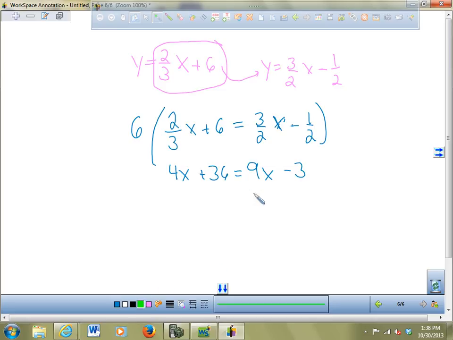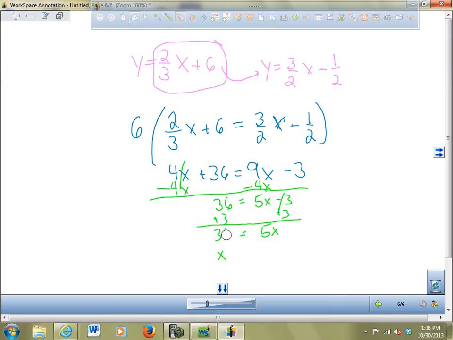Still, it's going to end up with some fractions, but it works. You subtract 4x from both sides. This is a lot of math, isn't it? I get 5x minus 3 equals 36, because that goes away. Add 3 to both sides and I get 5x equals 39.